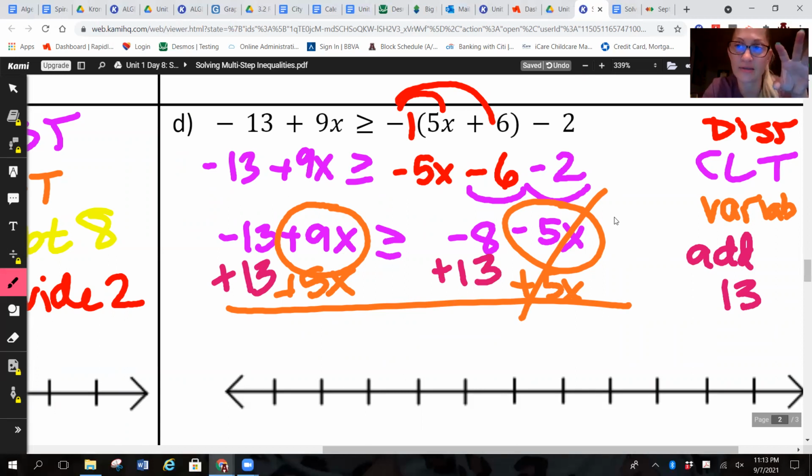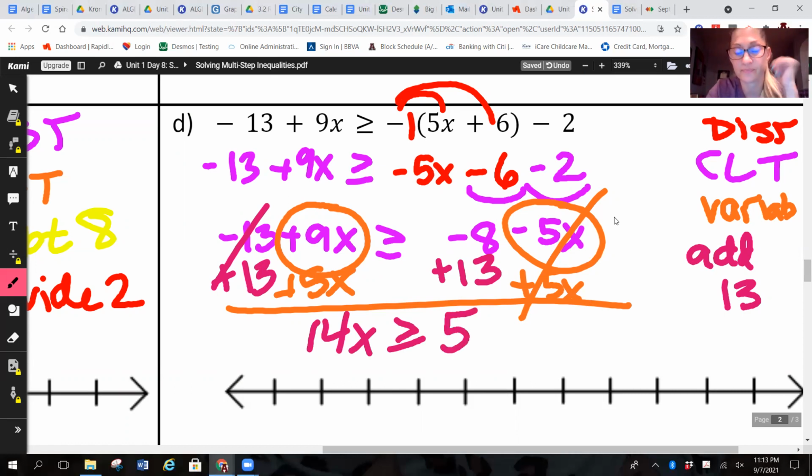I need my x and my constant to be opposite each other. 9, 10, 11, 12, 13, 14. That's 14 x's. And negative 8 plus 13: 9, 10, 11, 12, 13 is a 5. Now I have 14x is greater than or equal to 5.